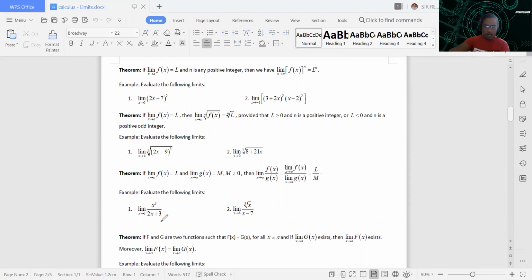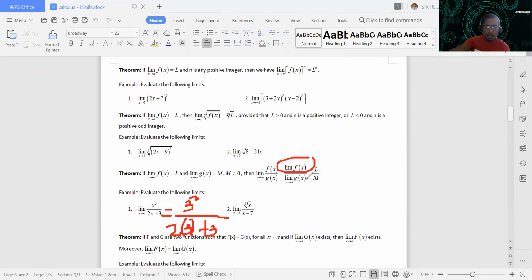Okay. Now, in this case, again, the idea here, class, is you just substitute your fixed point into your function. So that is 3, right? So it is just 3 cubed. That is the limit of f of x as x approaches a. The other one is 2 times 3 plus 3.